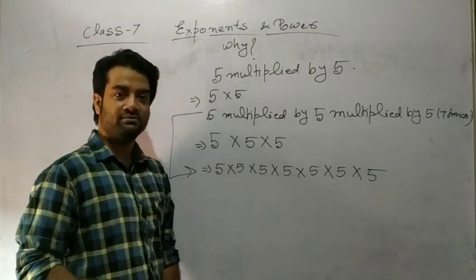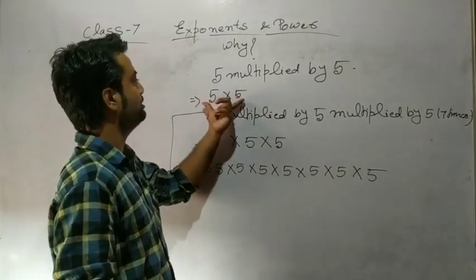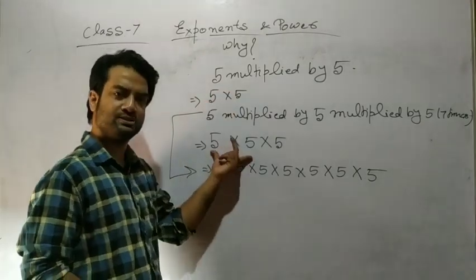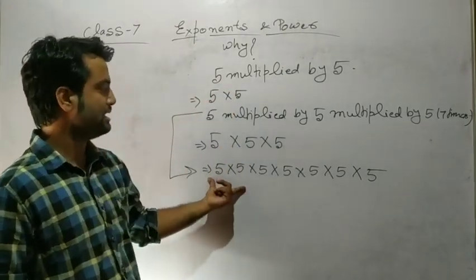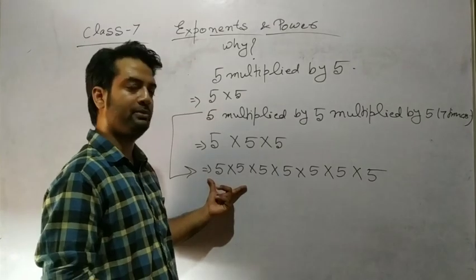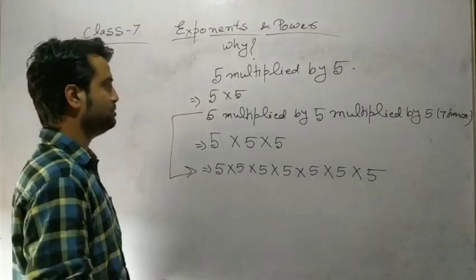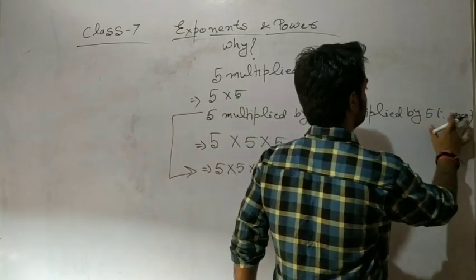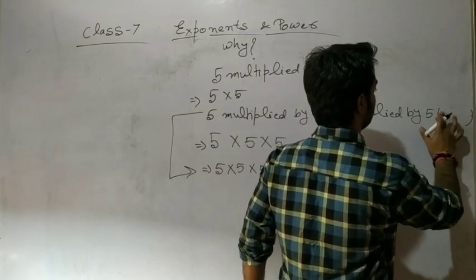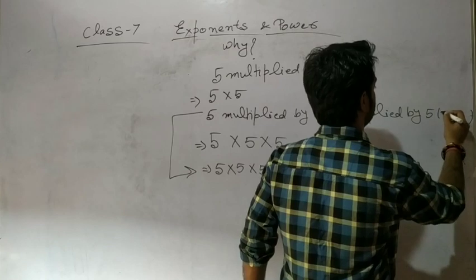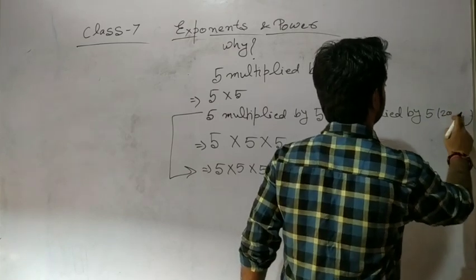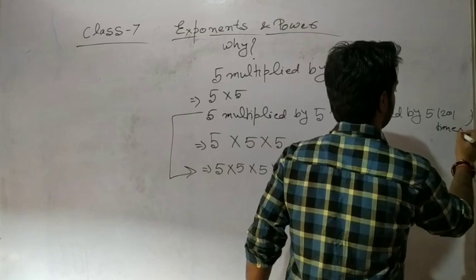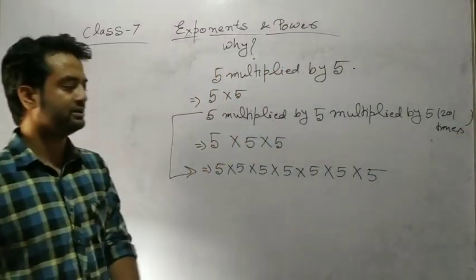When we wrote 5 multiplied by 5, it was very easy. This was also easy. But writing 5 multiplied by 5 7 times was a bit of a tedious job. Suppose instead of 7 times, I am asking you to write 5 multiplied with itself 201 times.